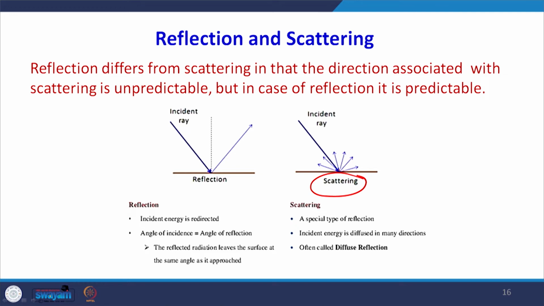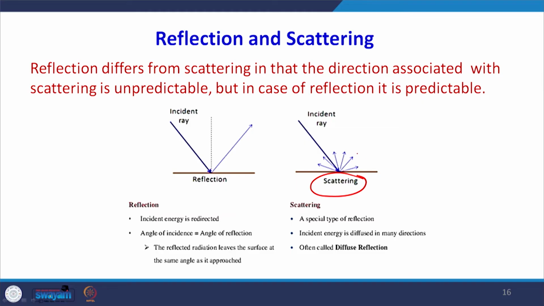So these two are different. Reflectance differs from scattering, as the direction of the reflectance is fixed according to Snell's law, the eye angle. Okay, but scattering could be unpredictable and it can go in any direction.